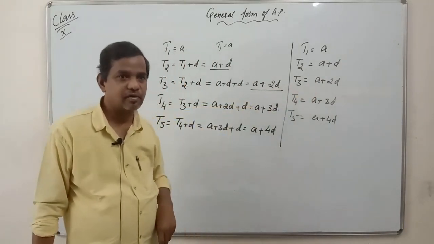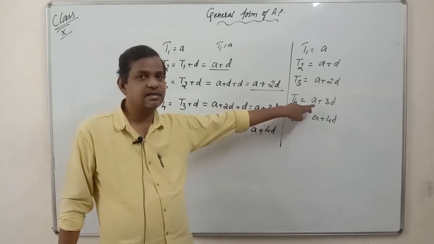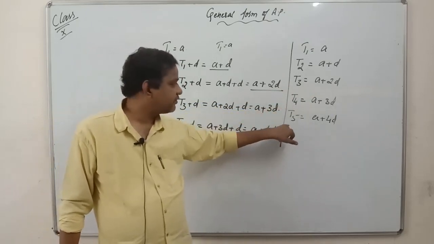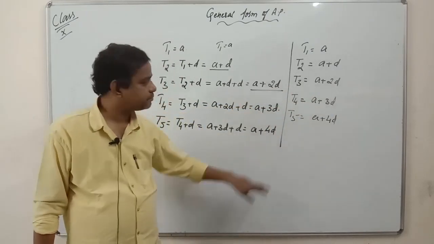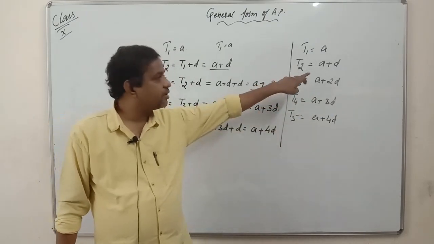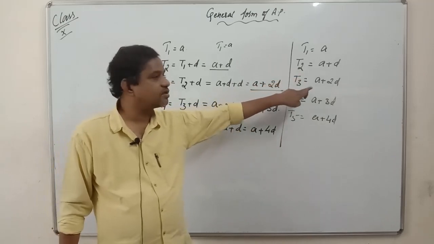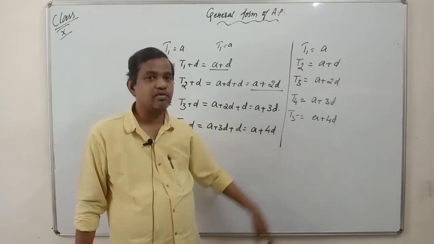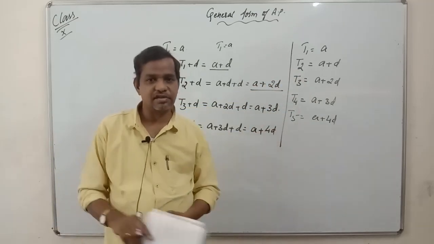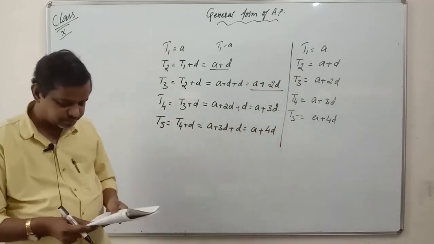The fourth term, A plus 3d. The fifth term, A plus 4d. This goes on continuing. So T1 is A, T2 equals A plus d, T3 equals A plus 2d, T4 equals A plus 3d, and T5 equals A plus 4d. It goes on continuing. Let us see how it goes on.